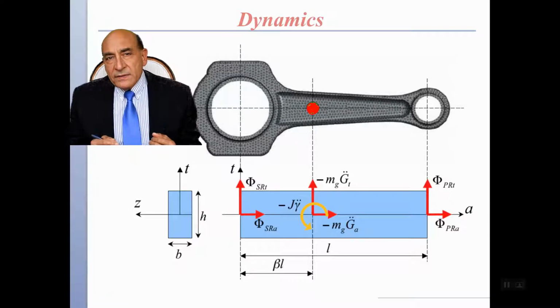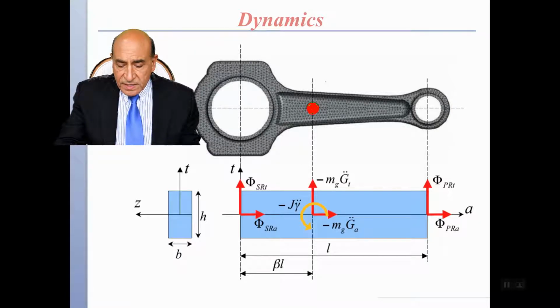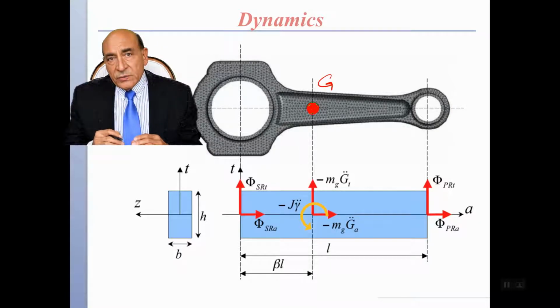So once I have the mass and the center of mass of the connecting rod, we're going to assume that the mass is concentrated at that point, and this point is G, and we would consider it as a particle from a dynamical standpoint.